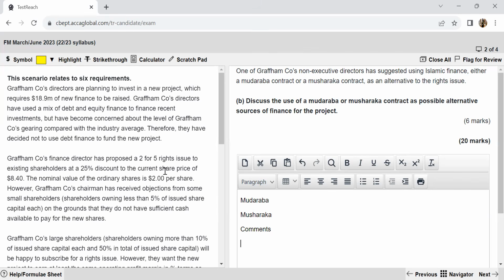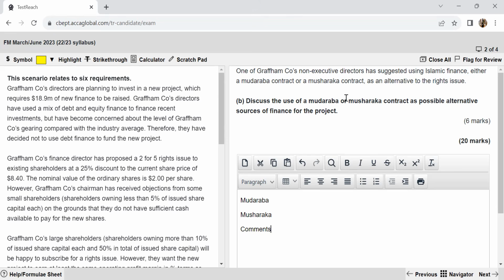Even though both contracts will give them stability, both will also give a longer term investment and relationship based on mutual interest and cooperation. Business operations under both types of contracts would have to be run in compliance with the Sharia law, considering that they are both contracts under Islamic finance, and Islamic finance is governed by the Sharia law, right? Then you will also talk about how these arrangements are an effective provision of equity finance by external providers, which will not result in the external providers getting shareholdings in the company.